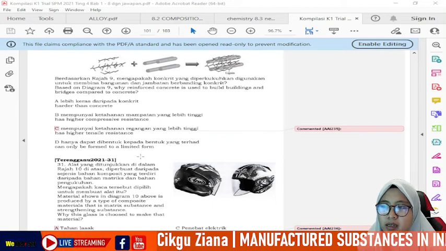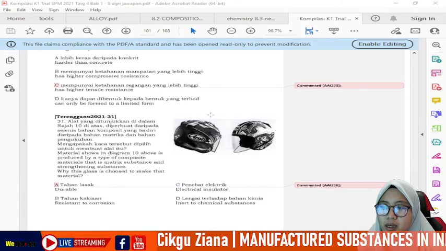Has higher tensile resistance. Okay, Terengganu. Okay, what is this used for just now? Helmet.